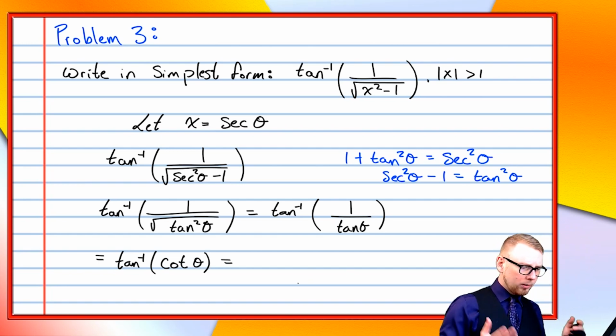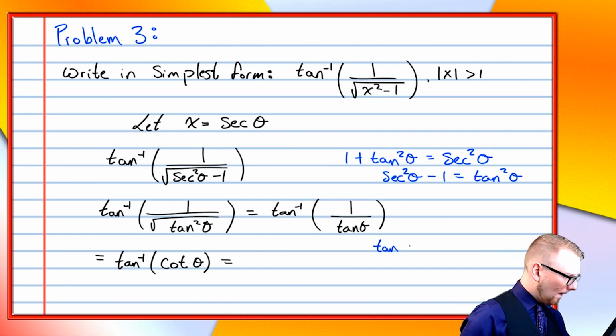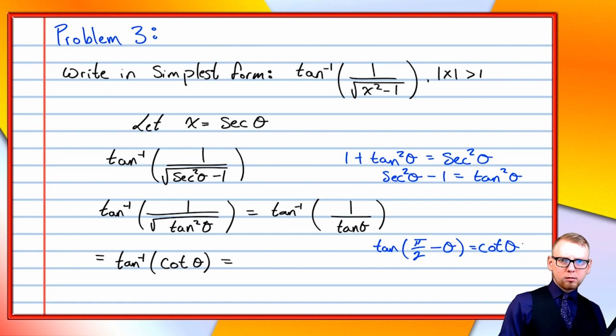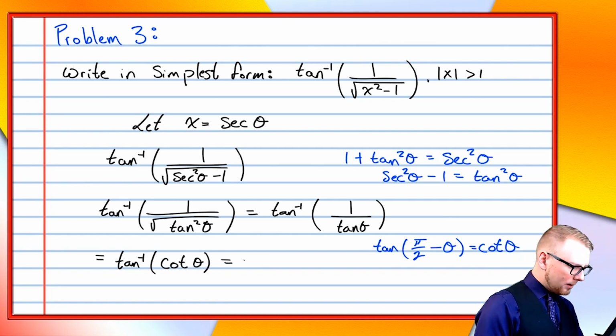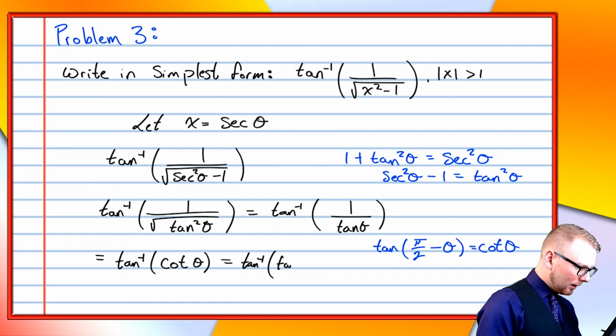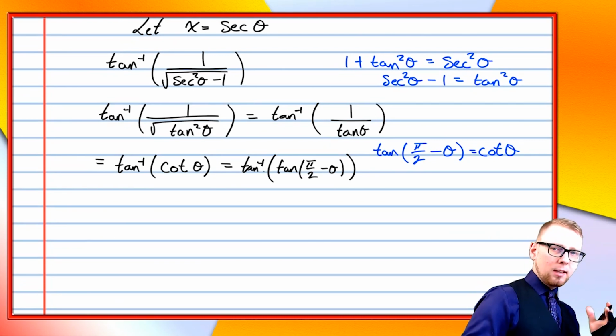Okay, well, we've got another little identity that tan of pi over 2 minus theta is cotan. All right, so that means on the inside here, we've got tan inverse of tan of pi over 2 minus theta, which means the tan inverse and tan cancel each other out.